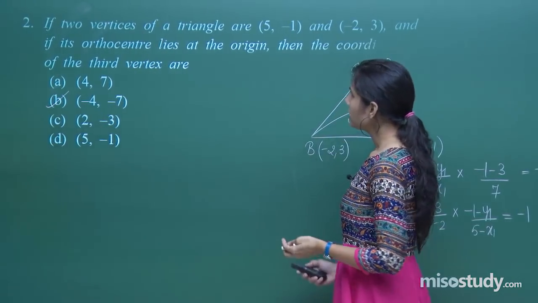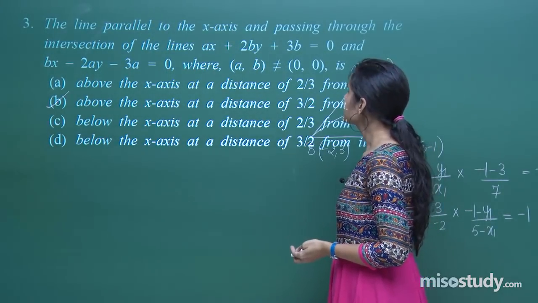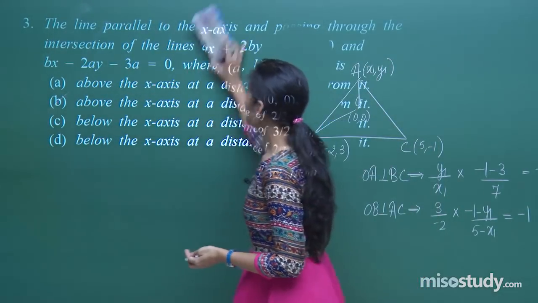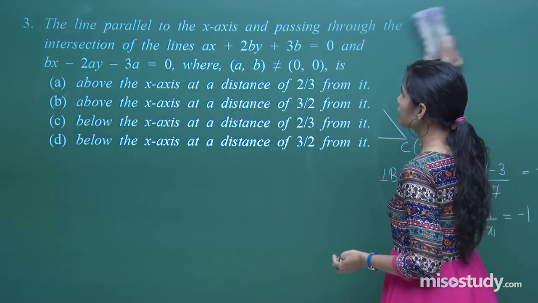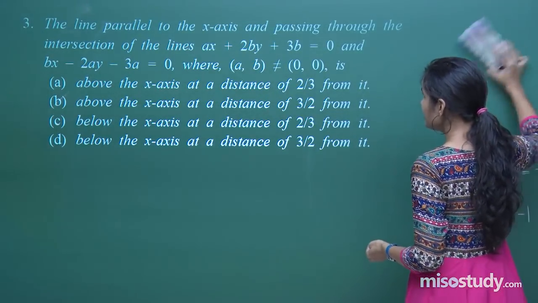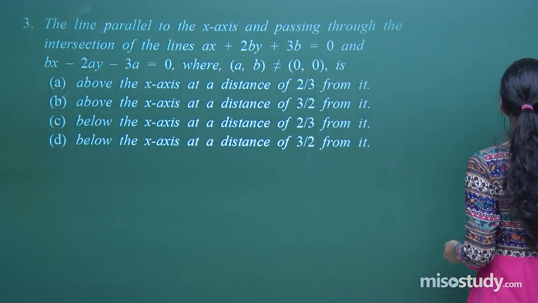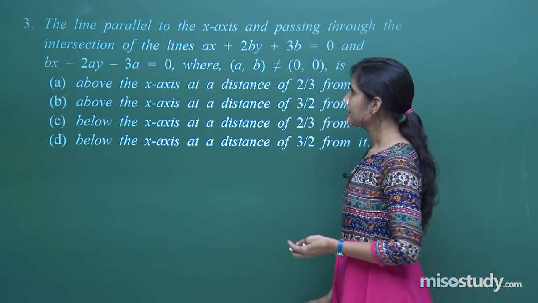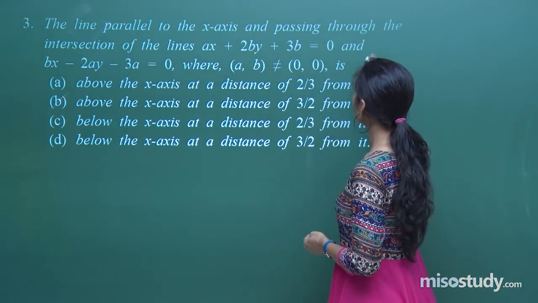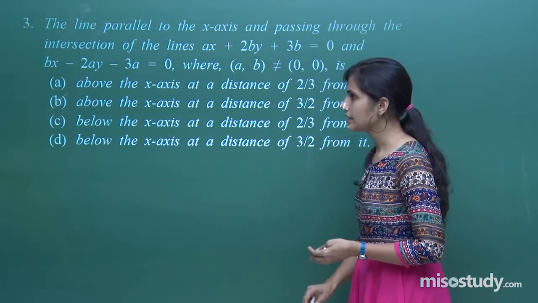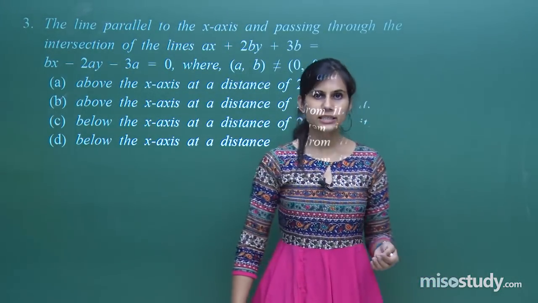The next question that we have is: the line parallel to the x-axis and passing through the intersection of the lines, this and this, is what? Okay. So you need to understand two things over here. There is a line which is passing through the intersection of the two lines. What is the equation of the line passing through the intersection of two lines?